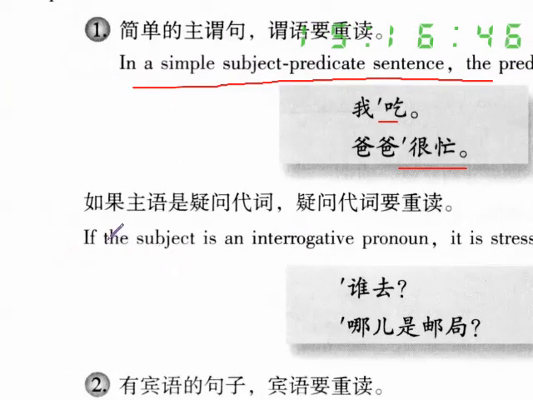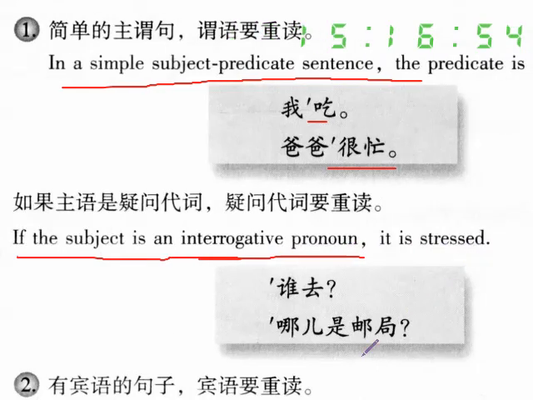It's a natural way. If a subject is an interrogative pronoun, it is stressed. But if say who, where, when, so it is stressed.